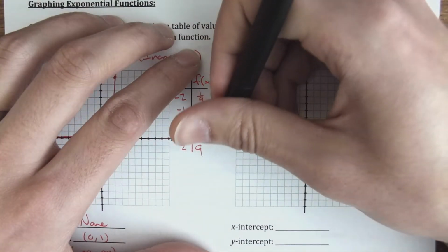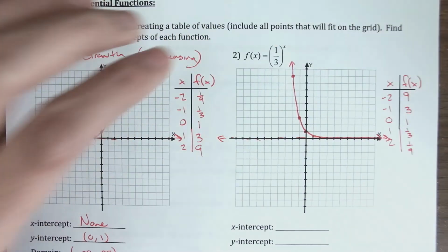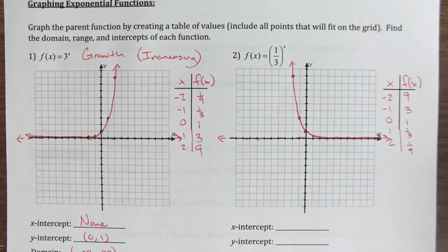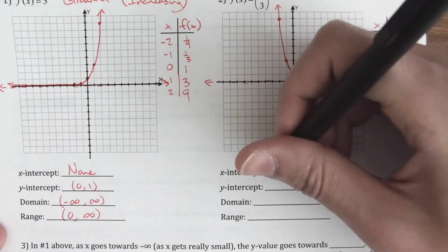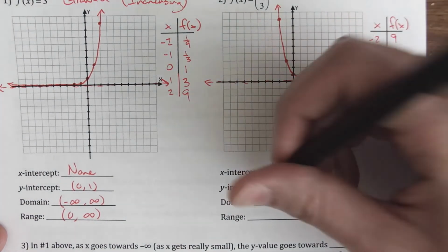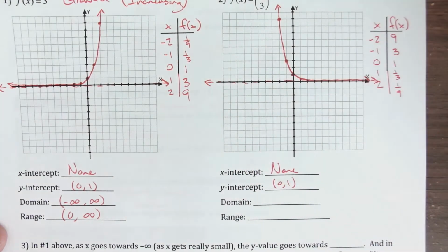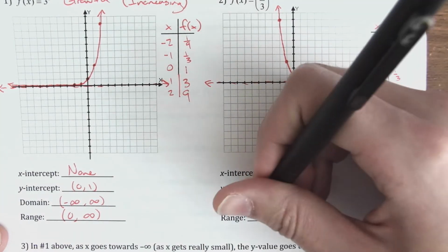And then we can draw in our horizontal asymptote as a dotted line at y equals 0. So then our x-intercept, where the graph crosses the x-axis, well, we just said it doesn't cross the x-axis. There is no x-intercept. Our y-intercept, where it crosses the y-axis, is at 0, comma 1. Our domain for all exponential growth and decay is going to be from negative infinity to infinity.